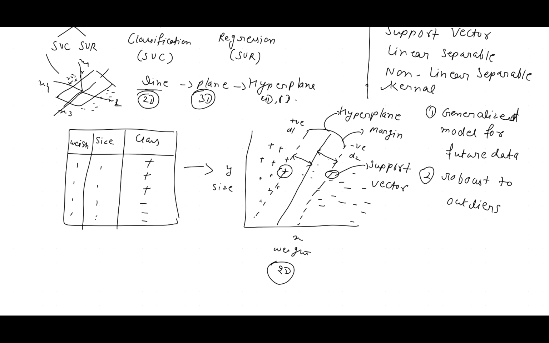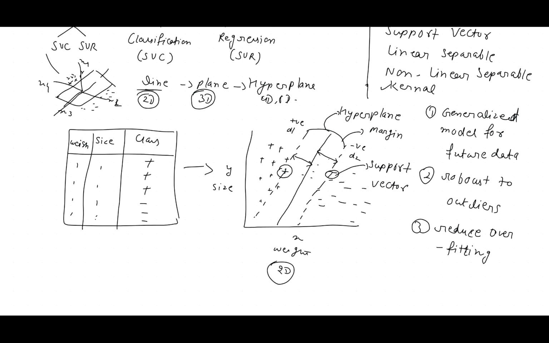That's why this is popular. This becomes a more generalized model and robust to outliers, which is not the case with simple logistic regression or other models. So it reduces overfitting too. This is another advantage.